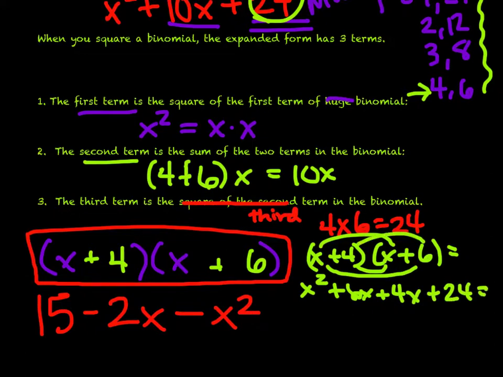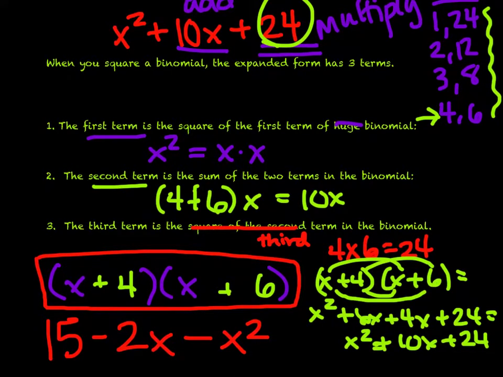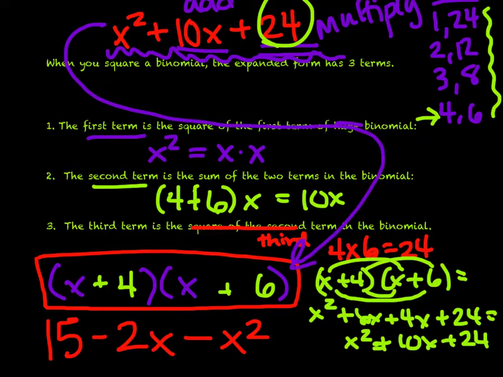So we can finish this up and say x squared plus 10x plus 24 after combining like terms. So we know that our original expanded form, x squared plus 10x plus 24, is the same as our factored form, x plus 4 times x plus 6.